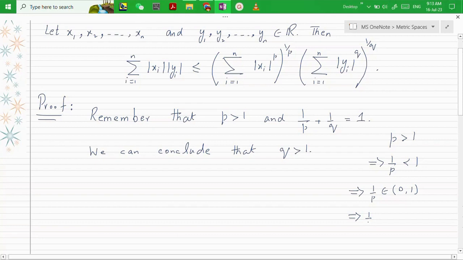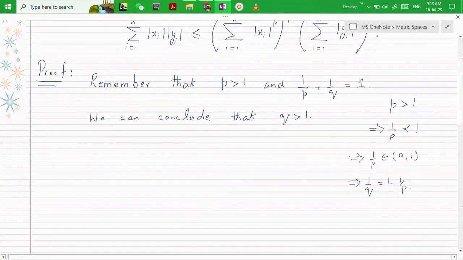Since we have 1 by q equals 1 minus 1 by p, and 1 by p is greater than 0 and less than 1, this number 1 minus 1 by p is less than 1.